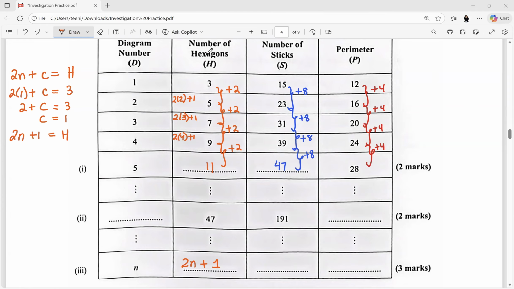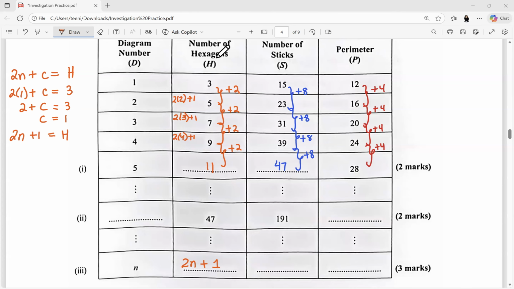So to figure out the number of hexagons, we have just established that the rule that gives us the number of hexagons is 2n plus 1, where n is the diagram number.